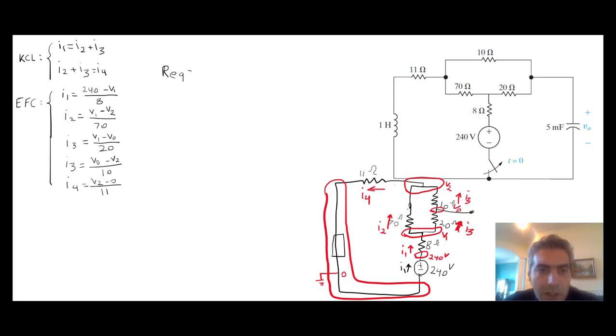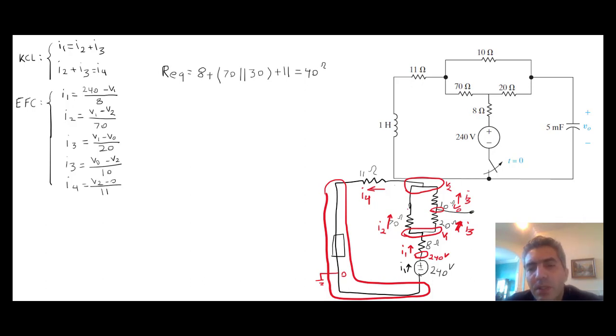So R equivalent is basically 8 plus the 70 in parallel with these 2 in series, which is basically 30, and then plus 11. Now 70 in parallel with 30 ends up being 21. So this is 21 ohm. That's 32, and then plus 8, that's 40 ohm.